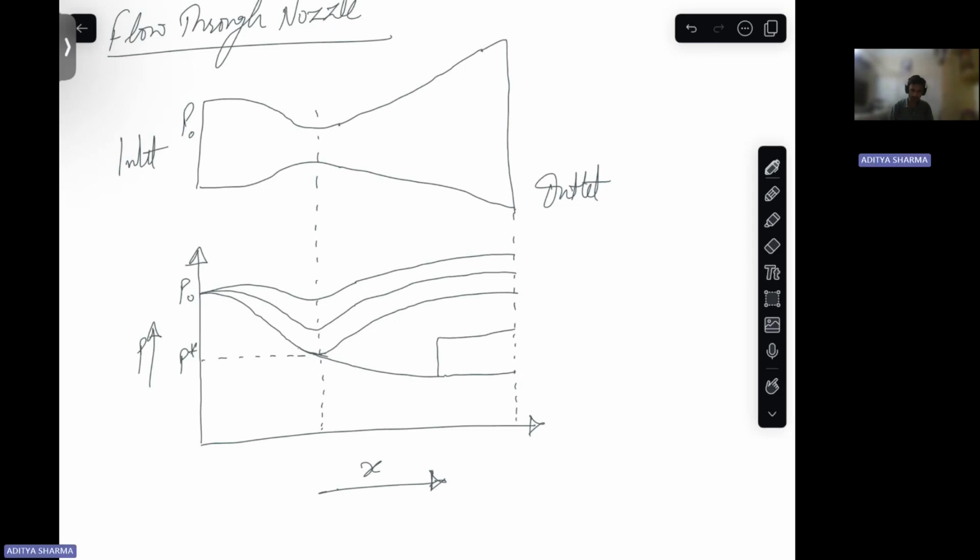This is overexpanded case. Then something like this is your underexpanded case.